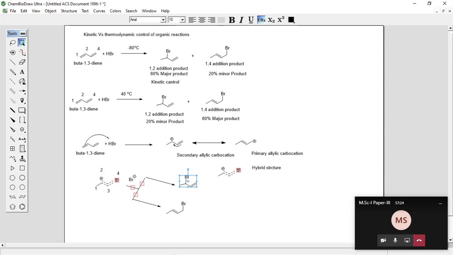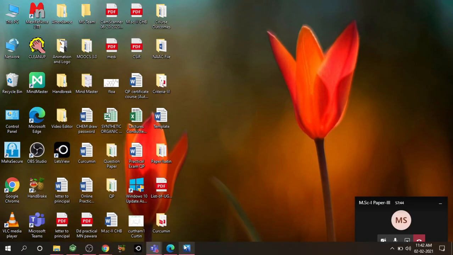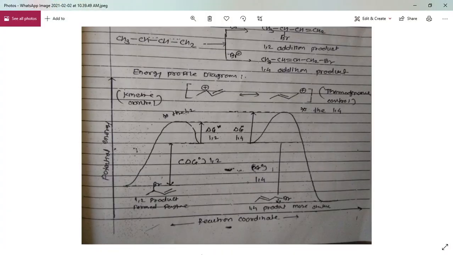Now let's see its reaction coordinate diagram, so you can easily understand the kinetic control product and thermodynamic control product. So this is the reaction coordinate diagram of this reaction: potential energy versus reaction coordinate.